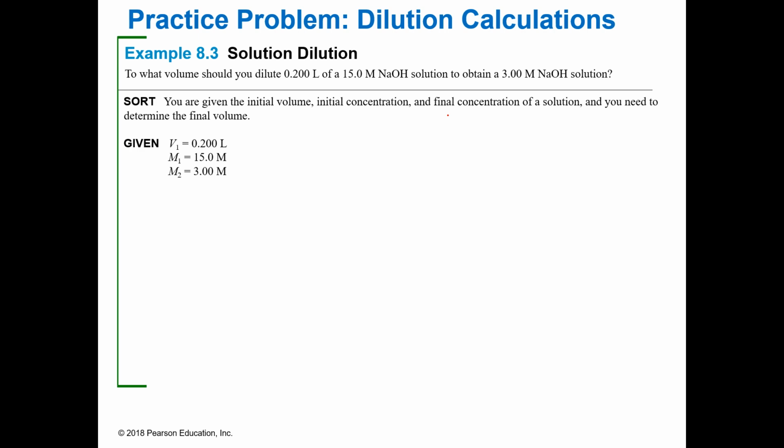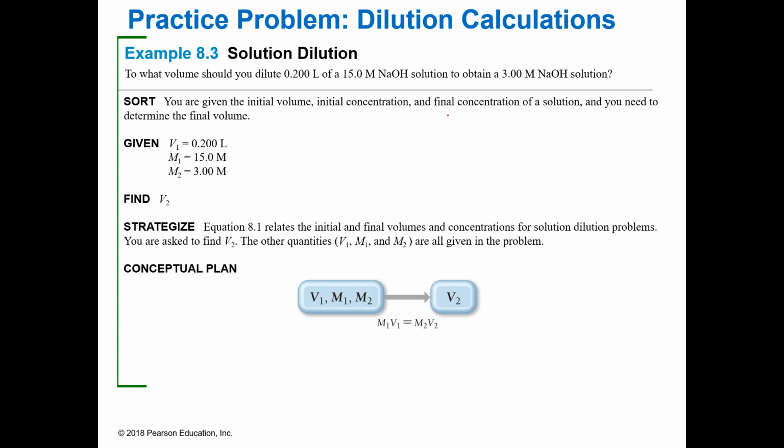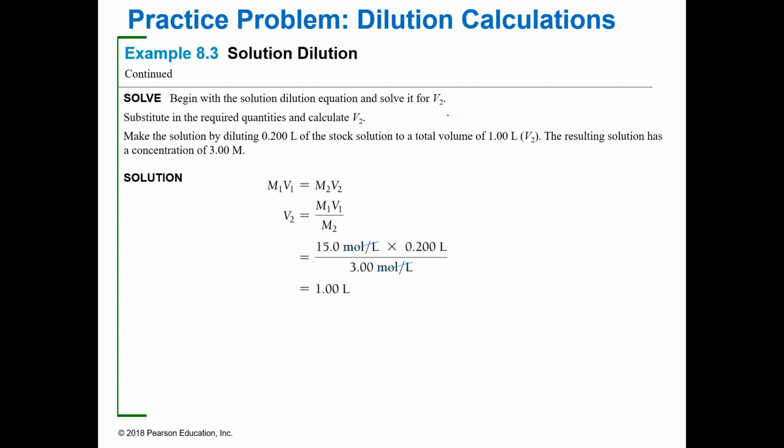An initial concentration, an initial volume, a final concentration, and I'm looking for my final volume. So I'm going to plug it in. To solve for my final volume, if I rearrange it ahead of time, I'm just going to plug in my 15 molar, my 0.2 liters, and my 3 molar, and I get 1 liter.